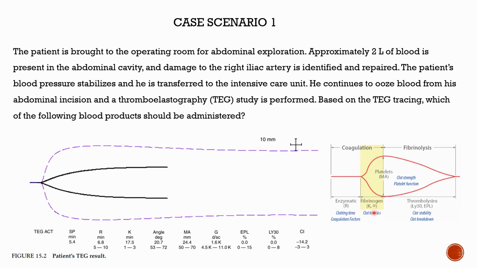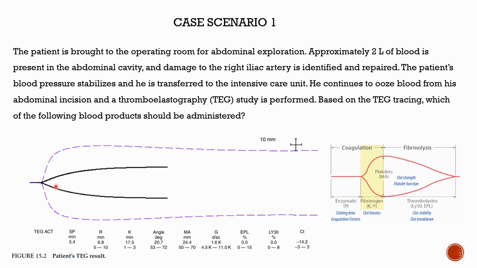K time and alpha angle denote the clot kinetics, and are basically dependent on fibrinogen. Maximum amplitude denotes clot strength, and it is dependent on platelets and fibrinogen, but 80% on platelets. Lysis 30 denotes clot stability, how stable our clot is, and it is basically dependent on the fibrinolytic system.